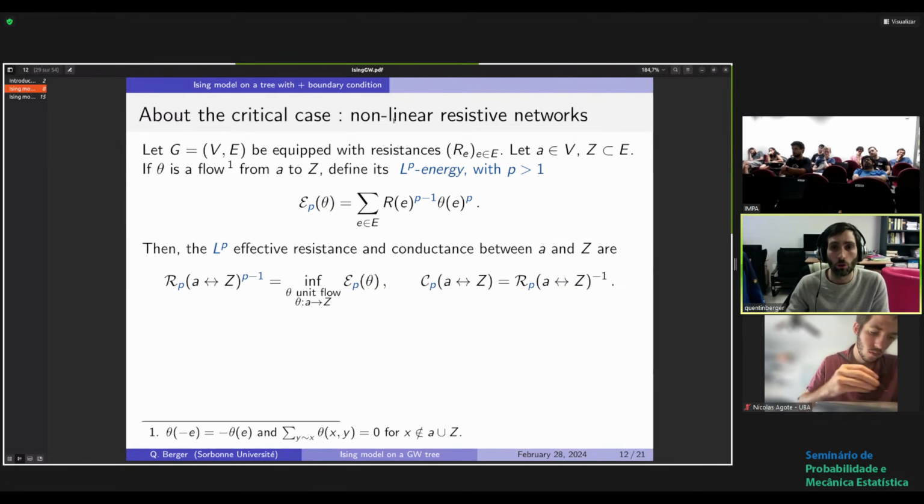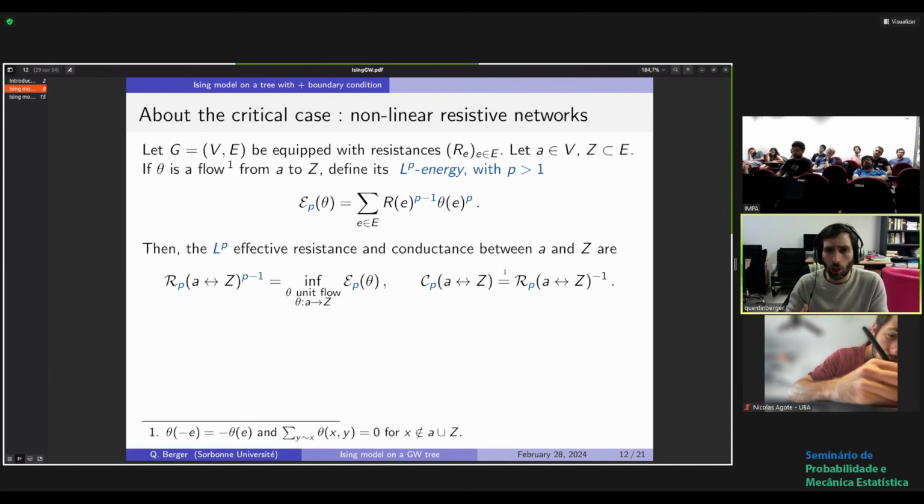That's what is called the p-resistance and p-conductance. You define the L^p energy of the flow with p strictly larger than 1, with r to the power p minus 1 and the flow to the power p. And you define the p-resistance and the p-conductance similarly.